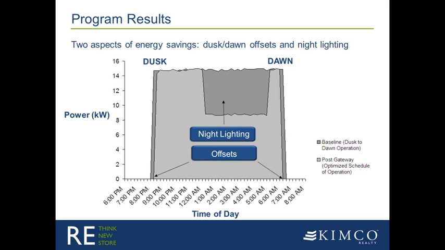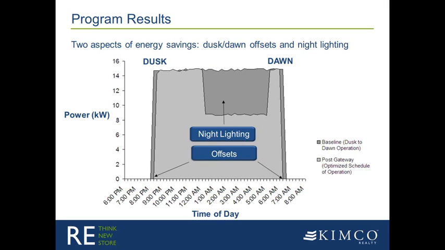The graph here, this is based on actual measurements, but I do have a quick, I'm sorry, that's for the next slide. This is actual measurements from a system in the Bay Area of California. The darker plot in the background is the demand profile of the lighting system basically before it's been optimized, running from exactly sunset to sunrise without any night lighting.